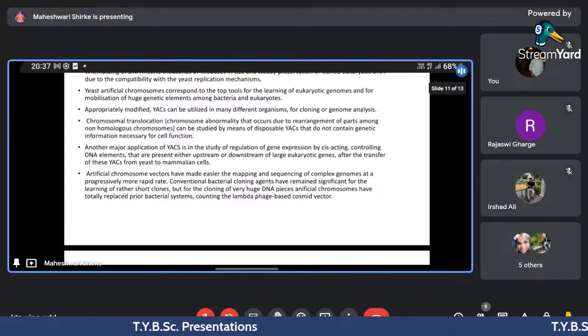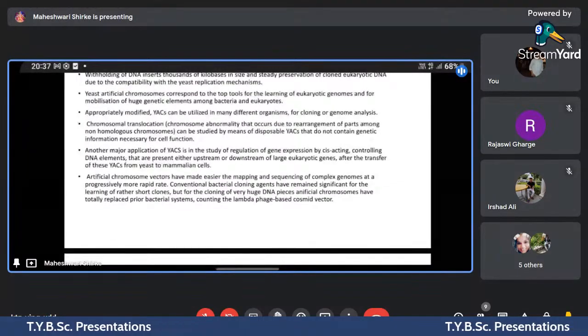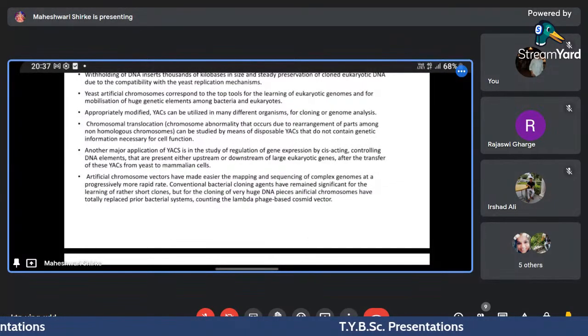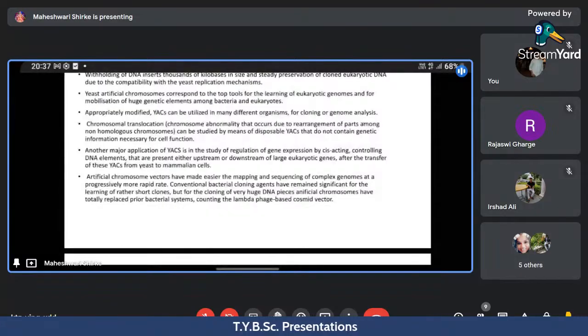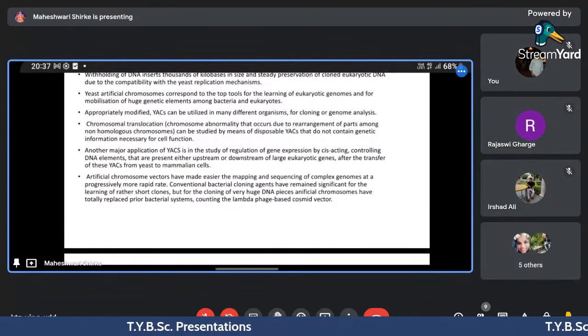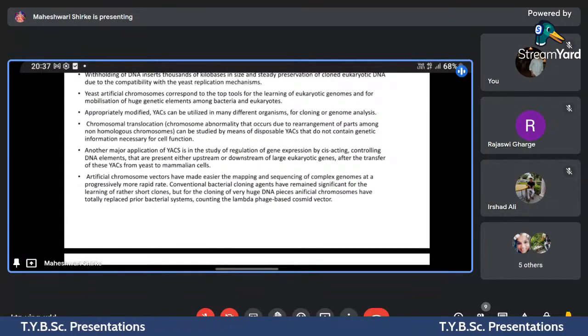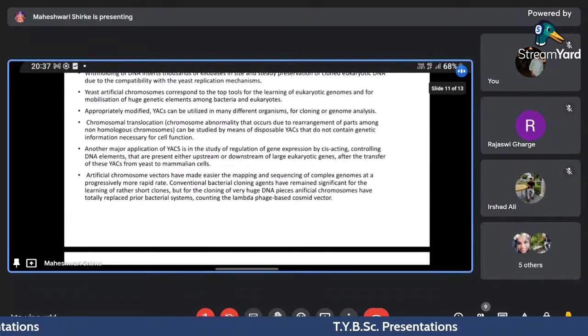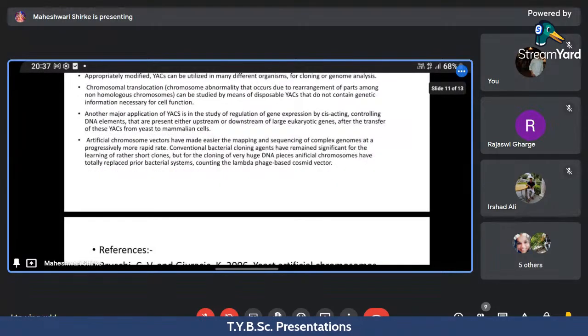Chromosome translocation can be studied by means of disposable yeast artificial chromosomes that do not contain genetic information necessary for cell functions.